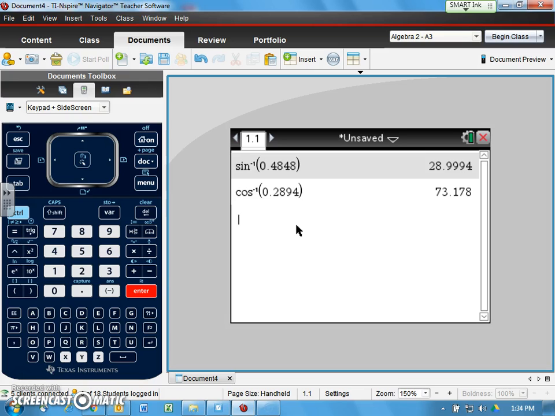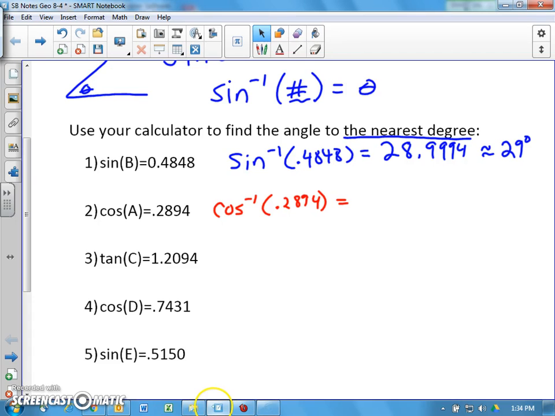You should be getting this to be about a 73 degree angle. Okay, go try the next one.